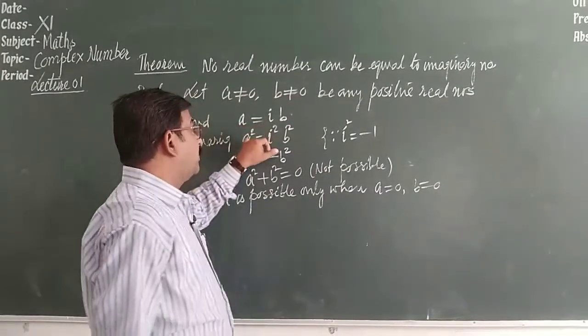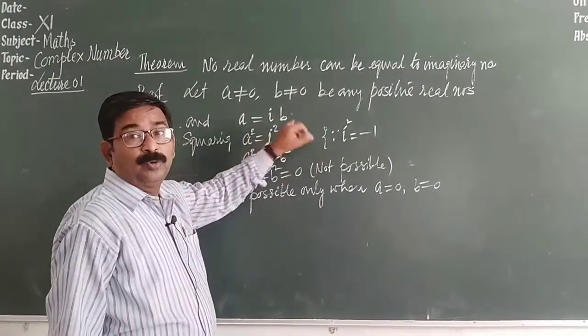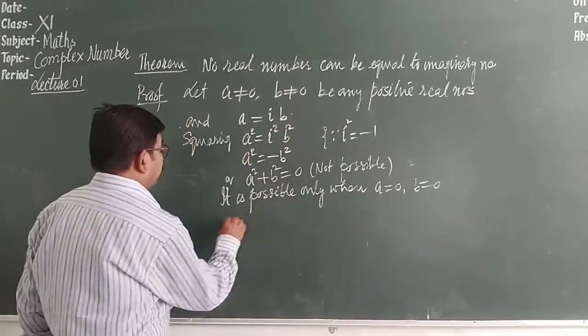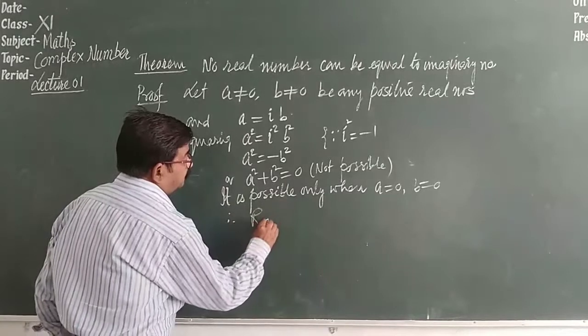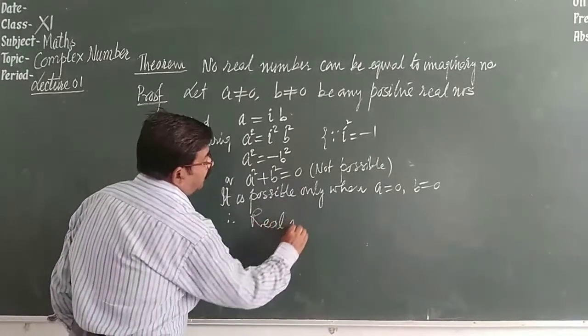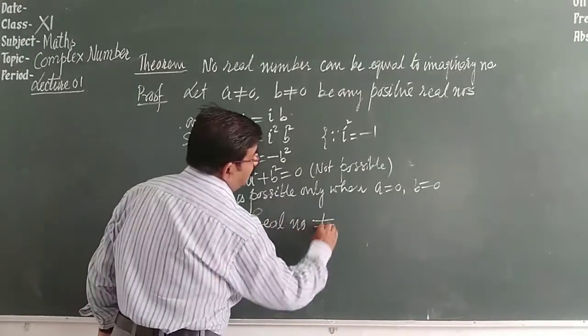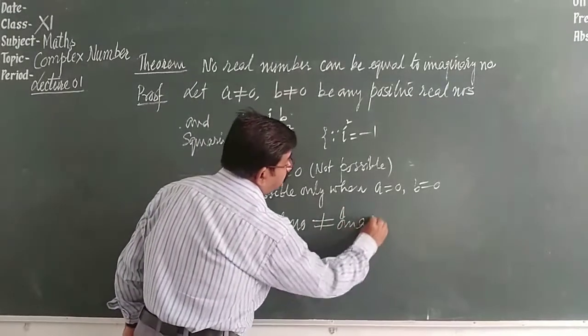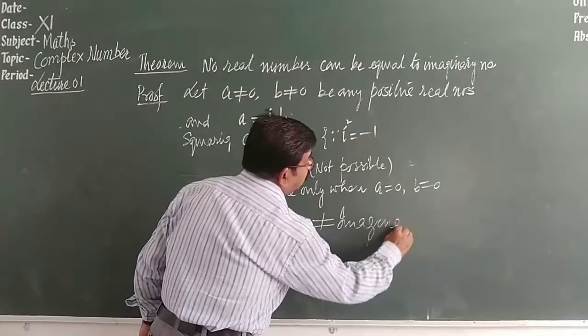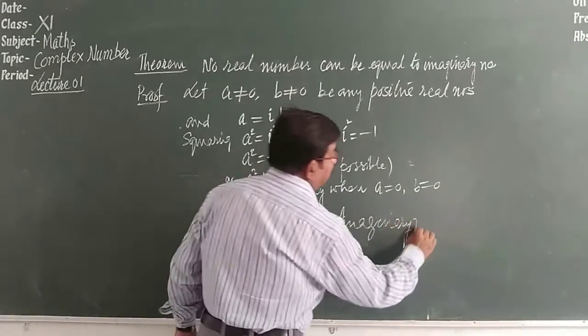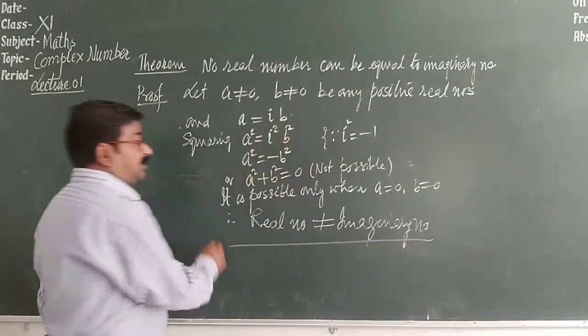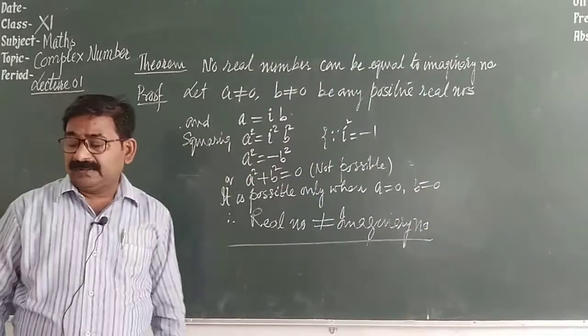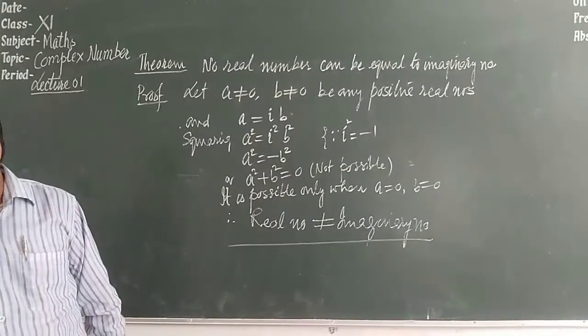So what can we say? That real number is never equal to imaginary number. Therefore real number is not equal to imaginary number. So this was the theorem. These are very simple terms to be learned.